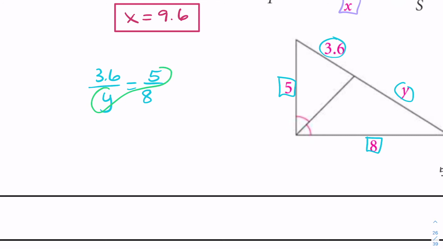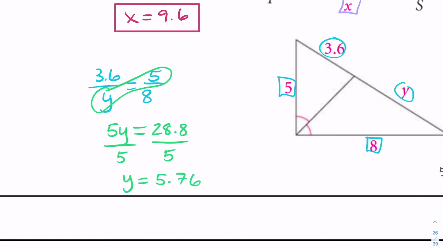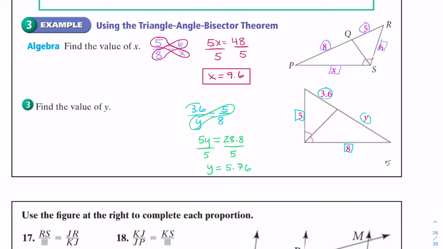And I'm going to get 5y equals 3.6 times 8, which is 28.8. And so y is equal to 5.76. 5.76, okay.